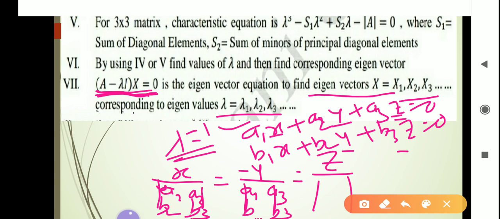Okay, and equal to z upon the coefficients of x and y, that is a1, a2, b1, b2, and then expand these determinants. After expanding, we will get here one value, here one value, here one value. Those are the values of x, y, z.